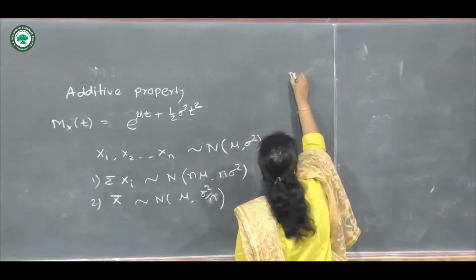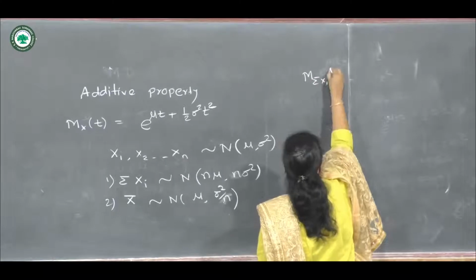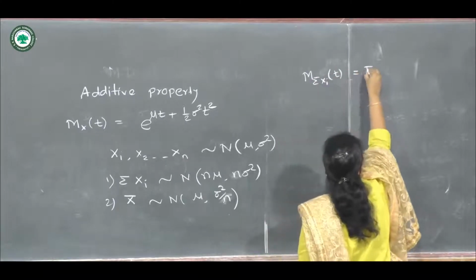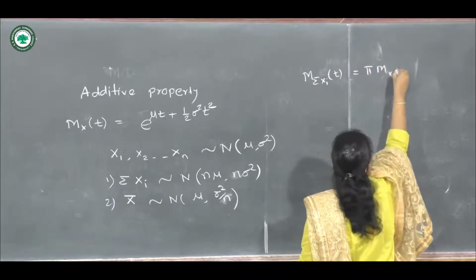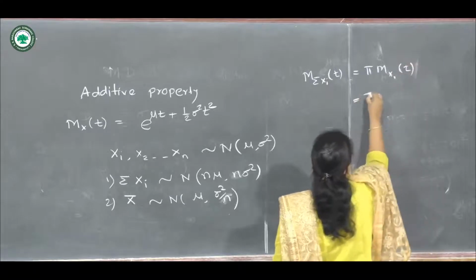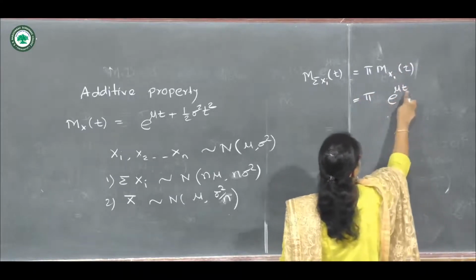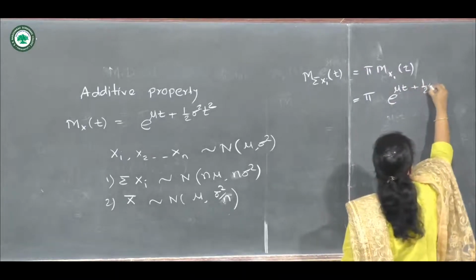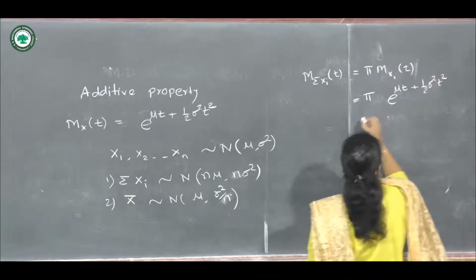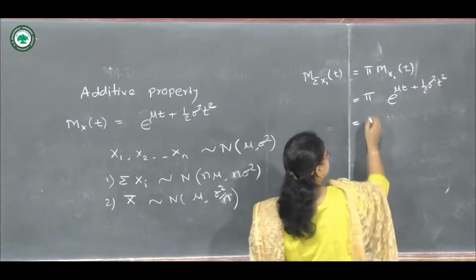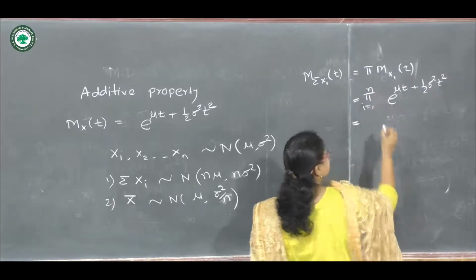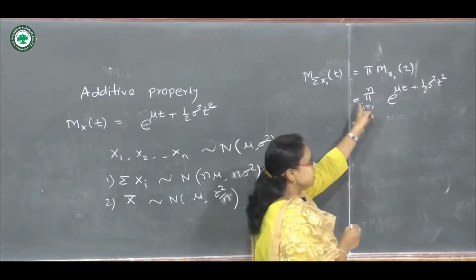So now we can write M summation xi of t equals the product of M xi of t. So here it is the same: e raised to mu t plus half sigma square t square. We are just taking the product of the same terms n times.